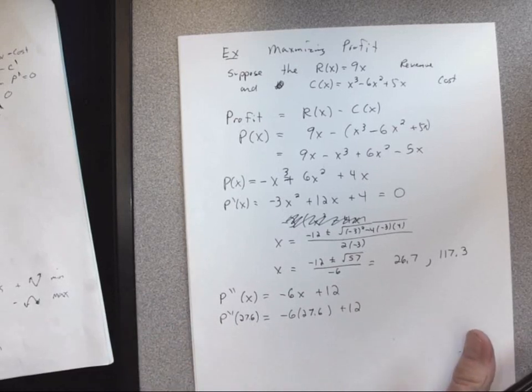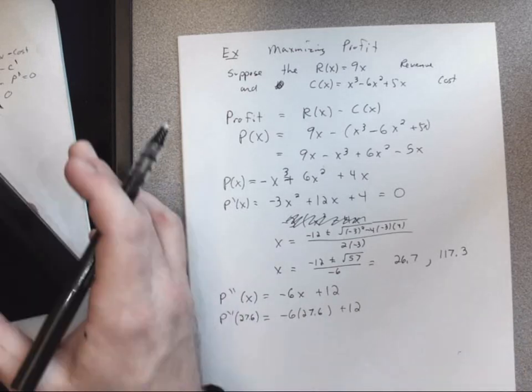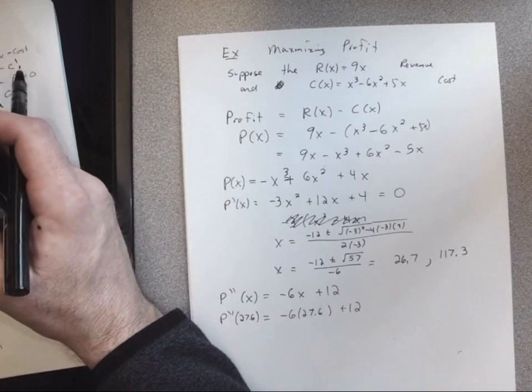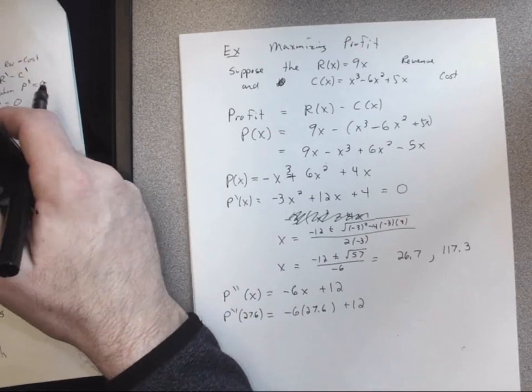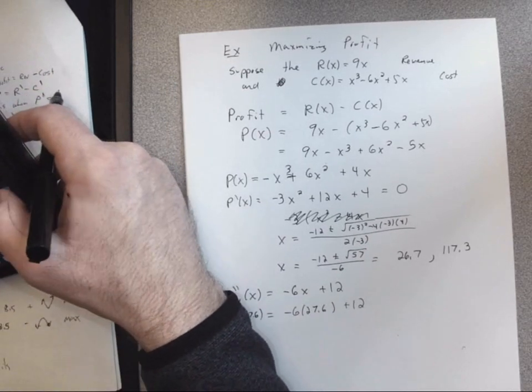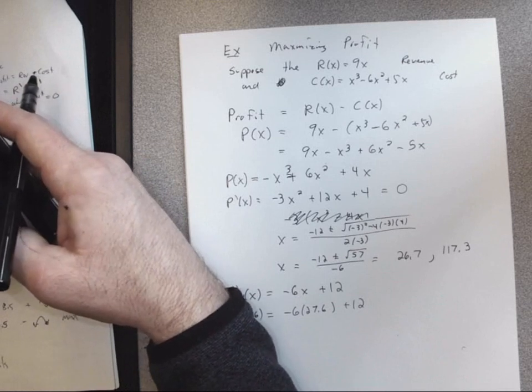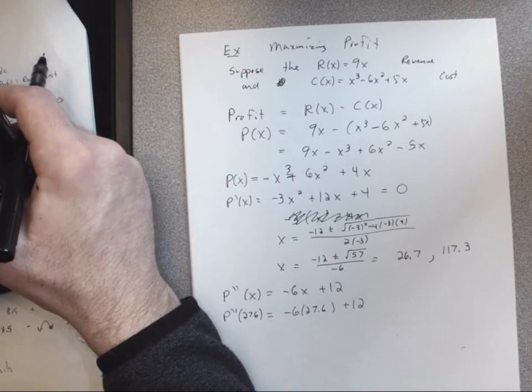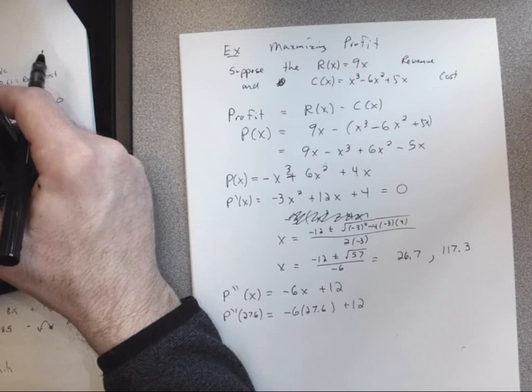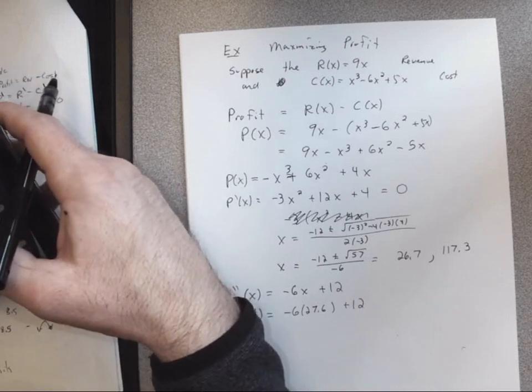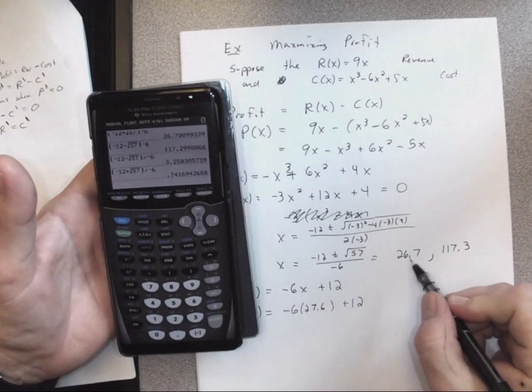Oh, I got a problem here. I'm seeing 2 negatives. Something has got to be off here. Oh, that's why. I have not done that correctly. Those were wrong. There we go. These numbers were wrong.